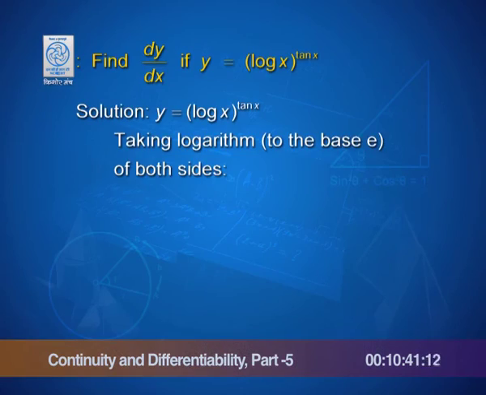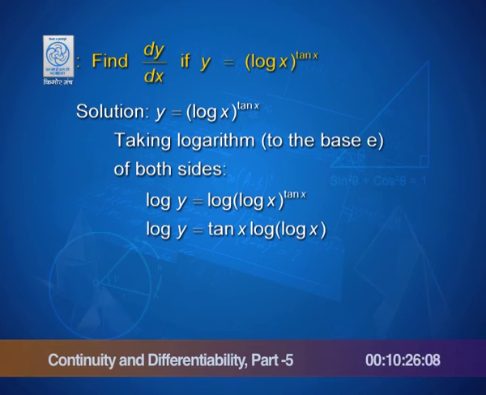In order to make it possible for us to differentiate, we take logarithm, and again I am emphasizing, to the base e, of both sides. So, I get log y equals log of log x raised to the power tan x. This gets rewritten as tan x into log of log x.